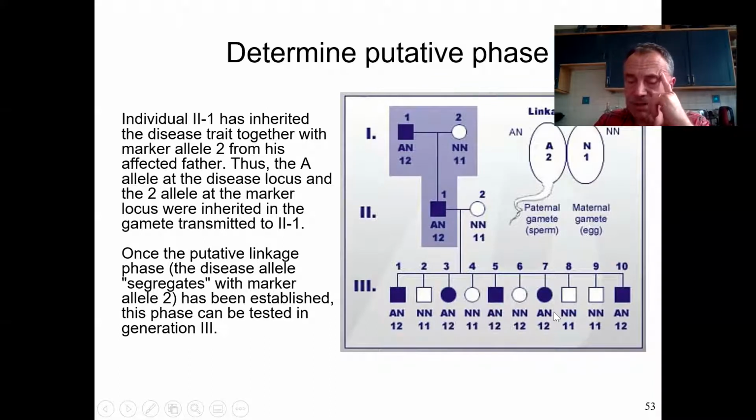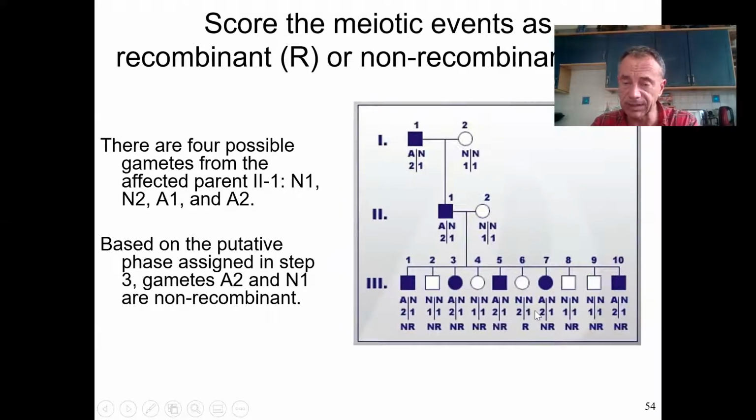One of these people, this child here, has got the 2, but they don't have the A. So everyone has either A and 2 or N and 1, except for this daughter who's got 2 and N. So N and 2, she's inherited N and 2 from her father. And so given that these were in phase before, we can say that everyone but her is a non-recombinant and she is a recombinant. So we can mark that down here.